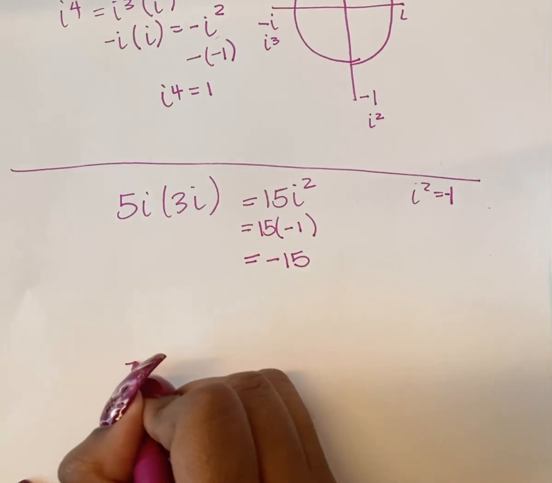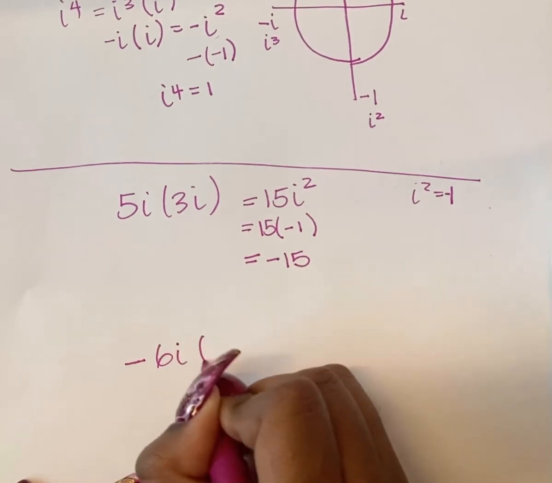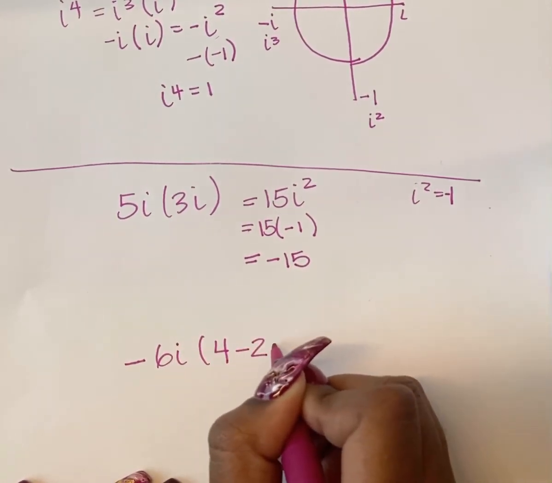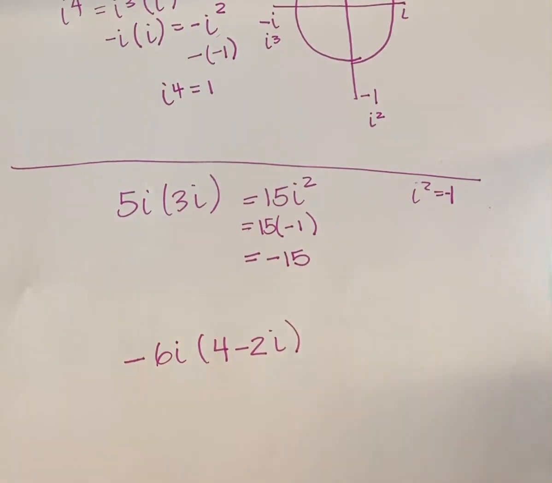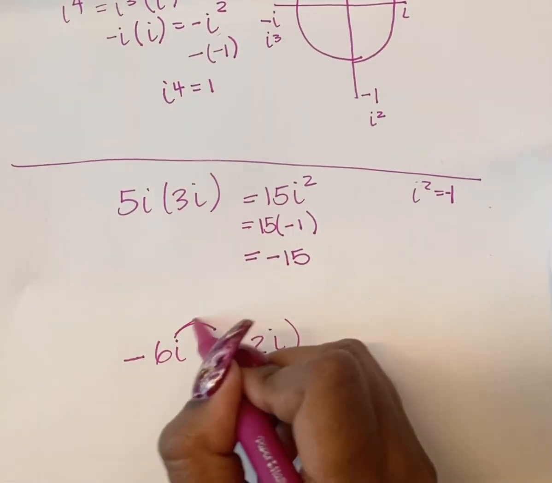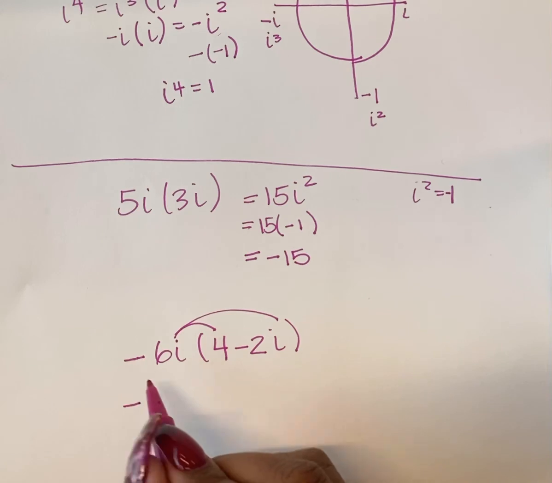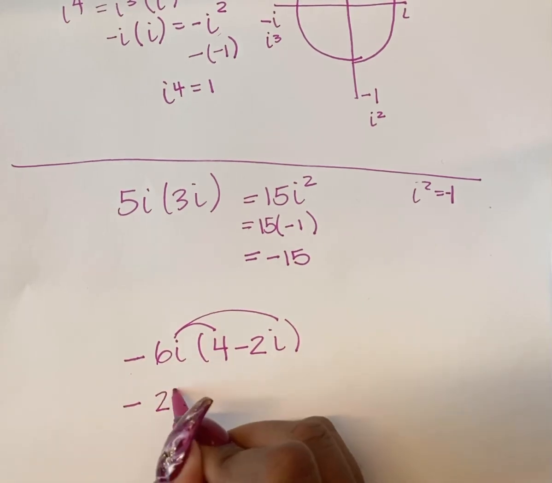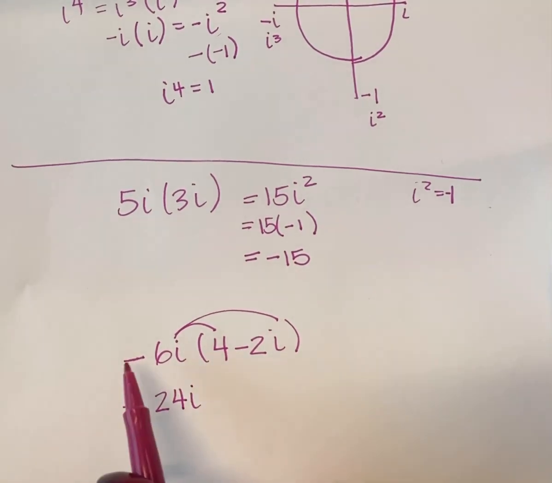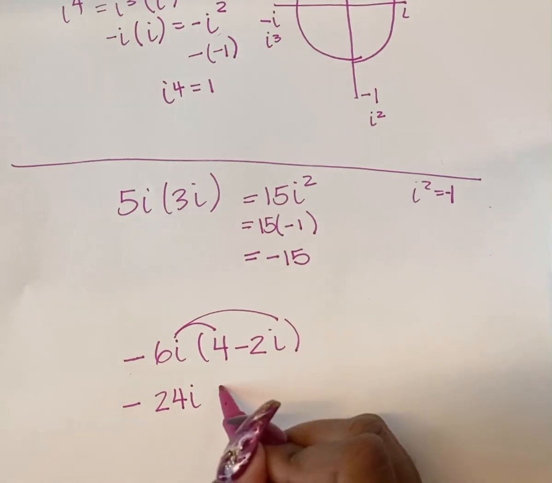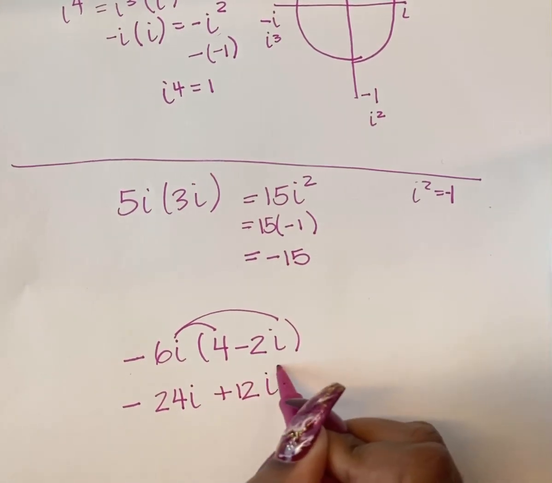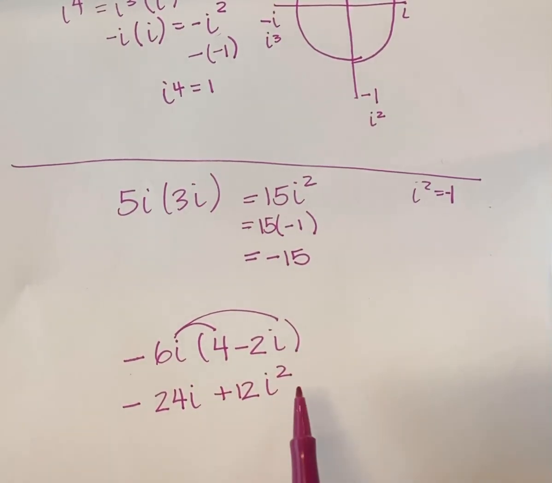Okay, I'm going to try one more where we have -6i and then 4 minus 2i. And just like when we did polynomials, you distribute. So I have -6 times 4 is -24, and I have an i. -6 and a -2 is a +12, and I have i squared. And so remember, every time you have i squared, you're going to replace it with -1.